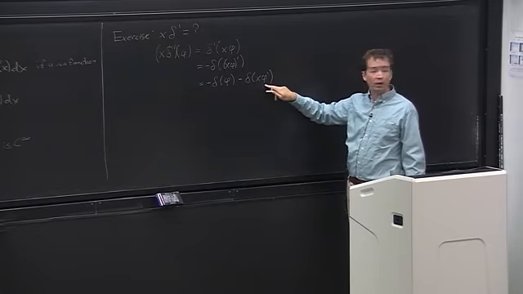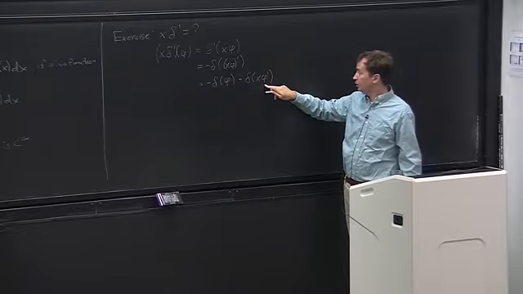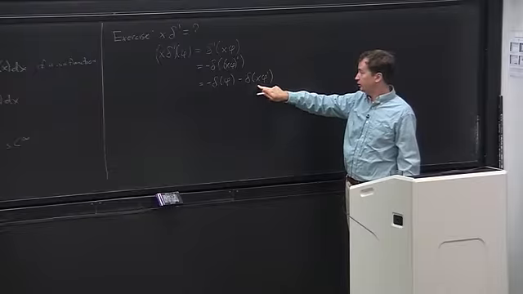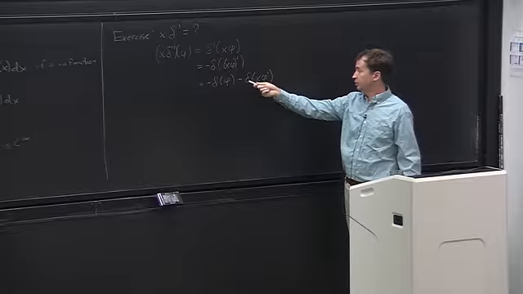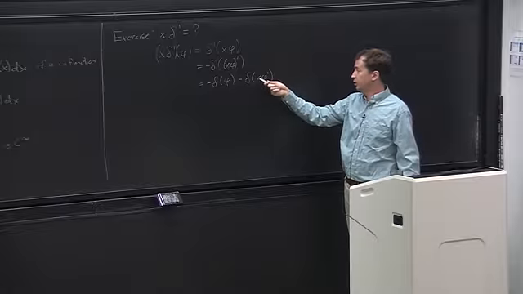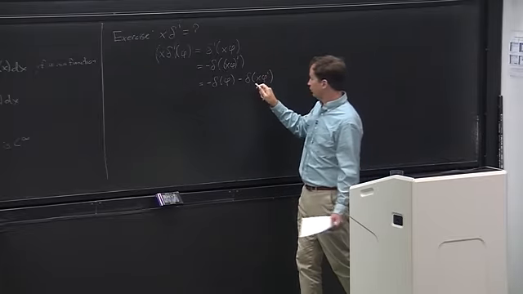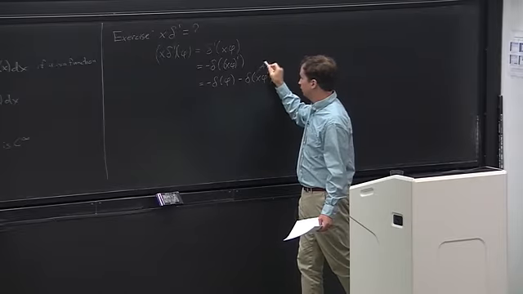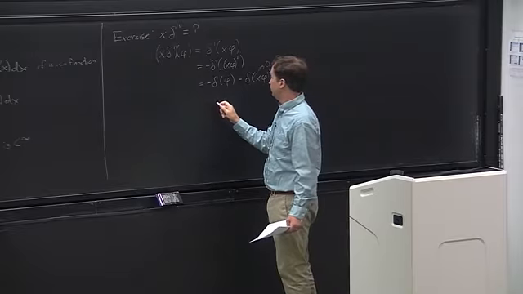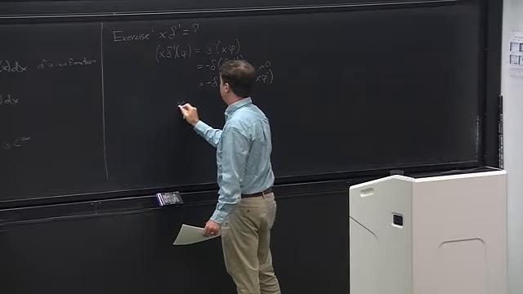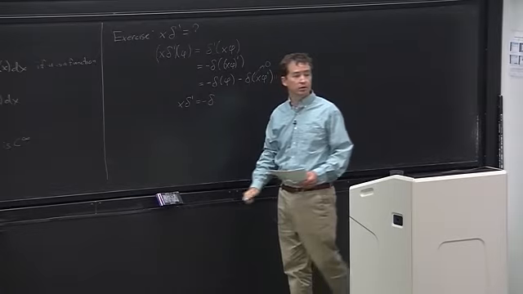Now we know that phi prime is finite, in particular at 0, and x evaluated at 0 is 0. So this term is 0 times something finite and vanishes, and we're just left with minus delta acting on phi. That tells us that we can simplify x delta prime into minus delta.